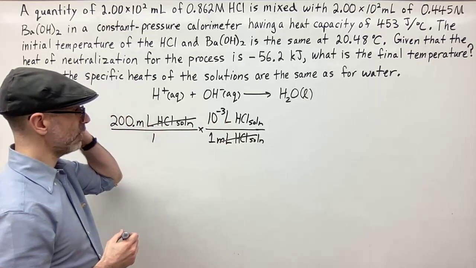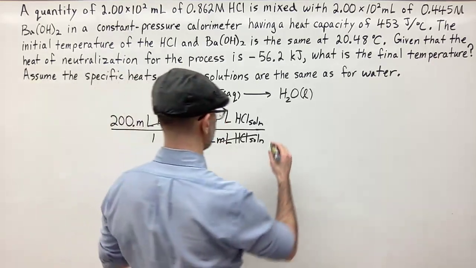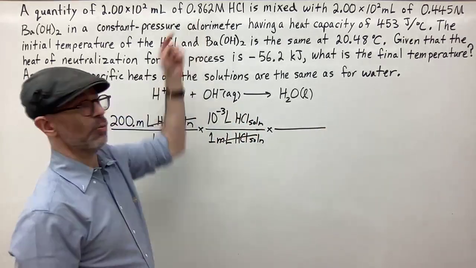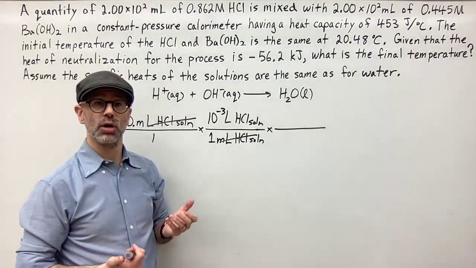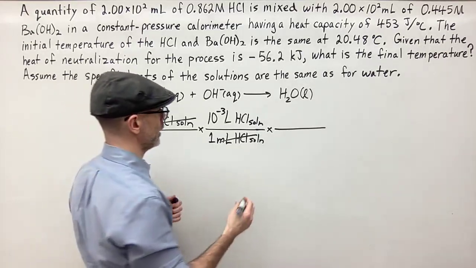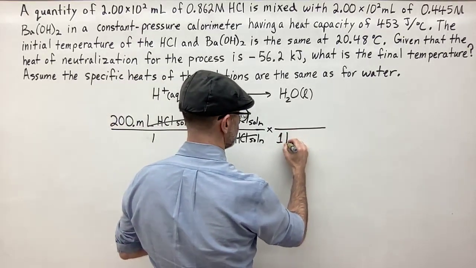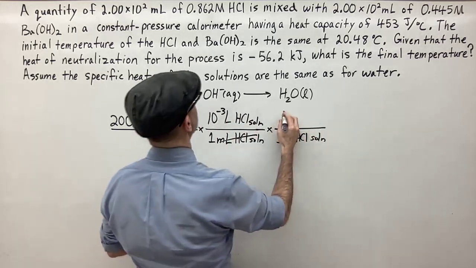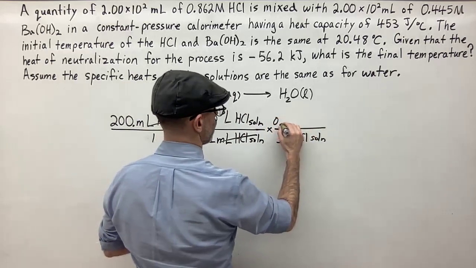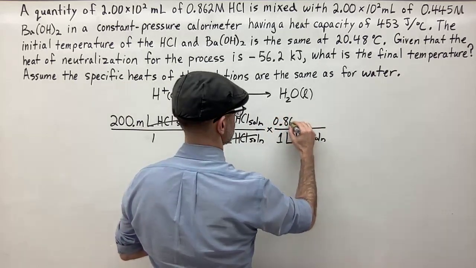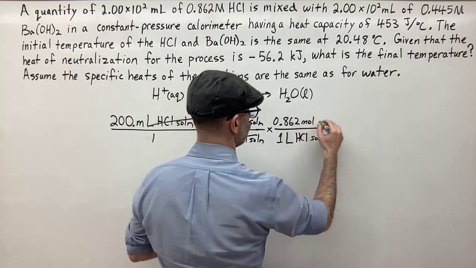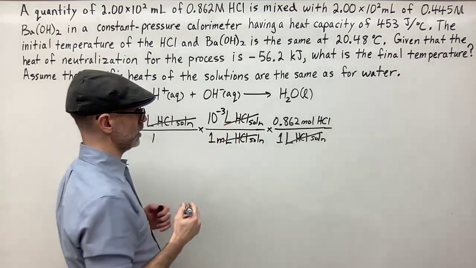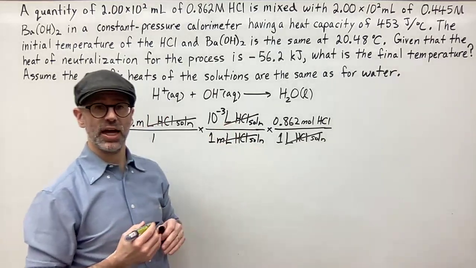Next, I can use the molarity. I know that the molarity is 0.862 moles per liter, so I put 1 liter of the HCl solution on the bottom and 0.862 moles of HCl on top. The liters of the HCl solution cancel out, and now I have moles of HCl.